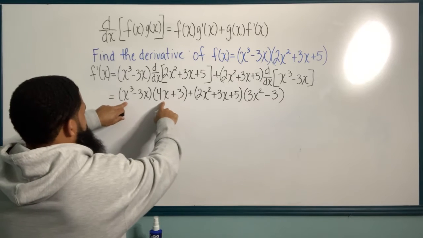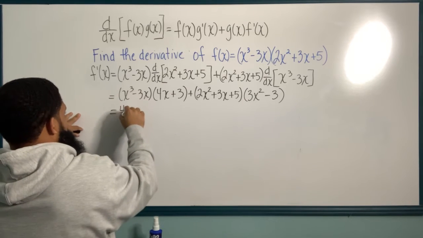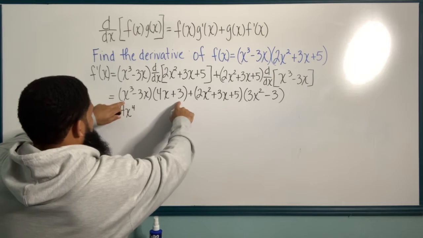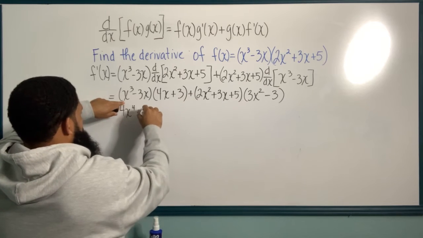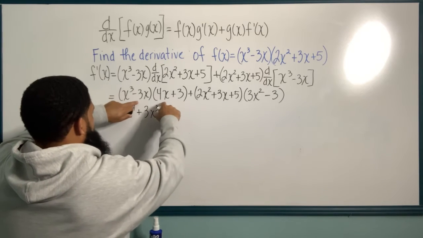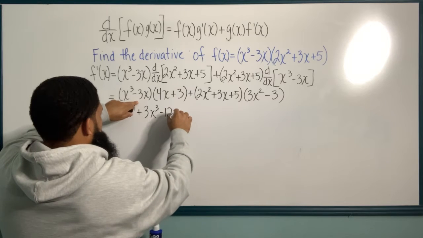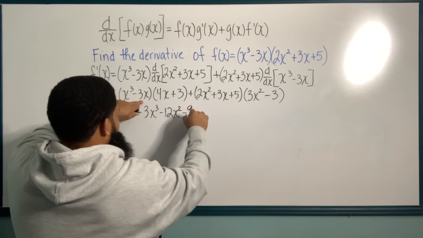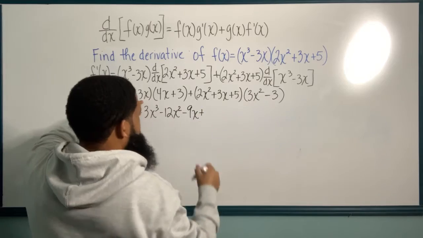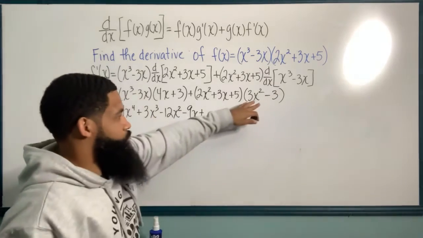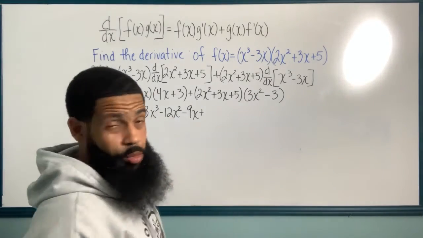So x cubed times 4x squared is going to be 4x to the fourth plus 3x cubed minus 12x squared minus 9x. Plus, now we're going to do double distribution here because we have a binomial times a trinomial, right?